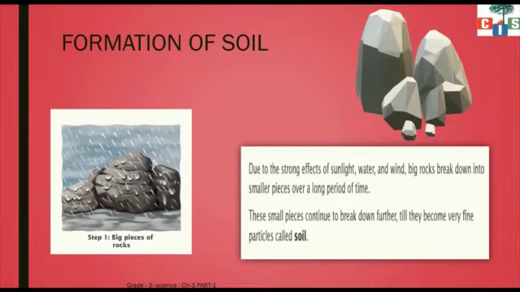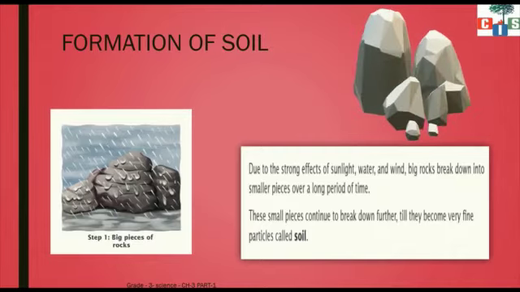These small pieces continue to break down further till they become very fine particles. And this very fine particle is known as soil. Now let us see the next step.